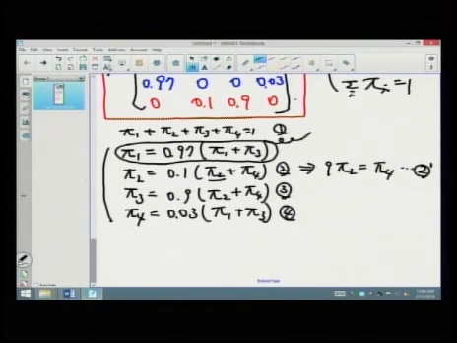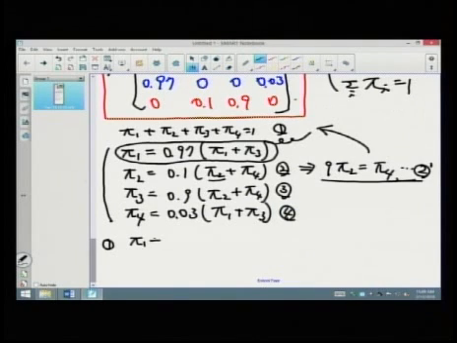And then I can rewrite equation 1. I'm going to use this. Then what do we have?